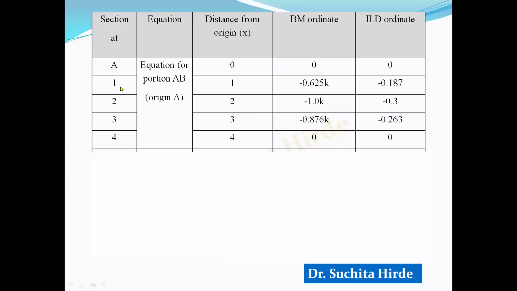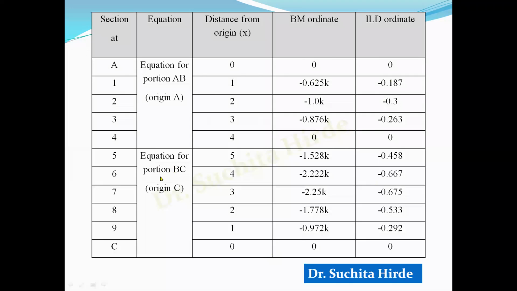So here we take sections at 1 meter interval and we use the equation for portion AB with origin at A, so distances are 1, 2, 3, 4. If you substitute this in the equation of portion AB, you will get these ordinates. To get the ILD ordinate, we have to divide all these ordinates by RB, which is 3.333. If you divide all these ordinates, you will get the ordinates of the deflected shape due to unit movement.